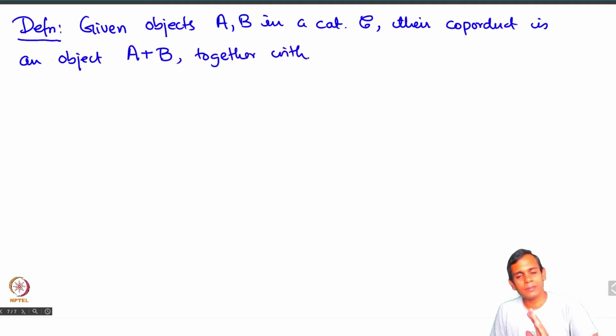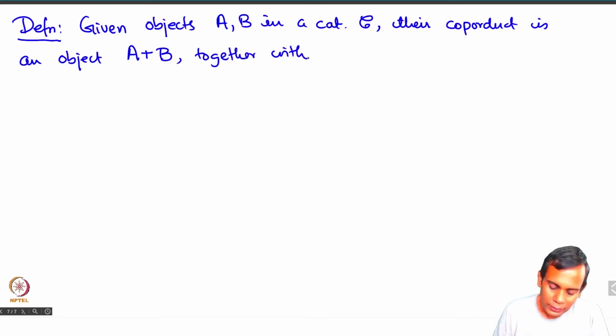Now the idea with dualizing in category theory is that the directions of all arrows are reversed.